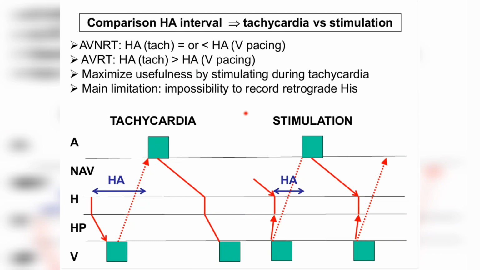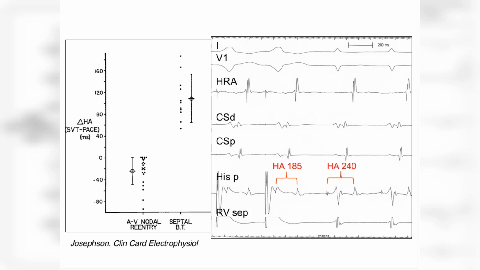Let me show you an example here, if I can go to the next slide. On the right panel, you see that in this situation we have been pacing at an area at the ventricle, in the mid-septum, so we can record the His bundle, and you can measure the HA interval during tachycardia here is 240.